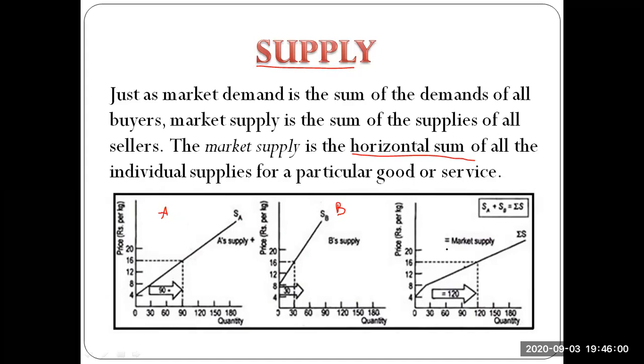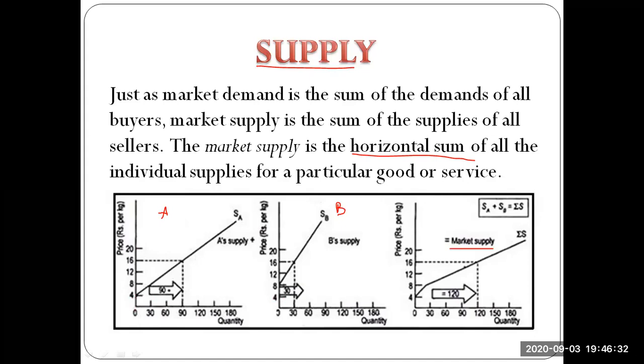And what I'm interested in is finding out the market supply. So I'm interested in finding out the relationship between the price that persists in a market and the total amount of a particular commodity that the combined group of A and B supplies. As you can see, at a price point of 4, both A and B are supplying 0 units of the commodity. Quantity is measured on the horizontal axis.